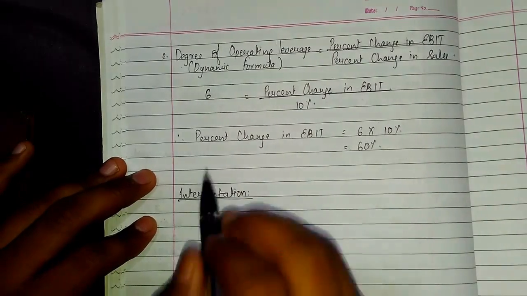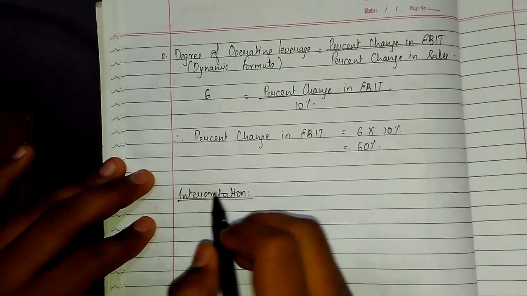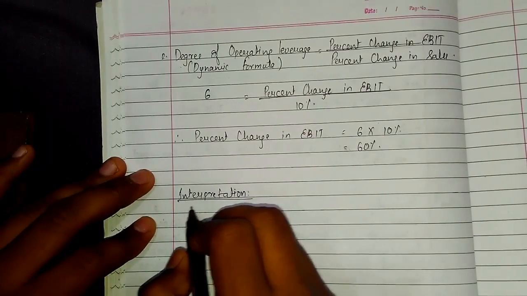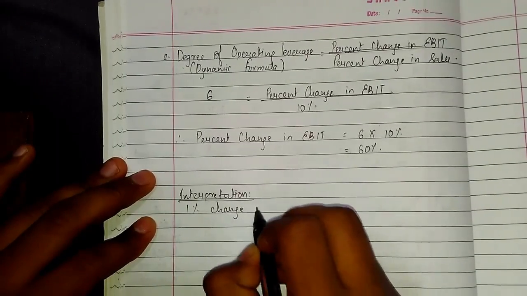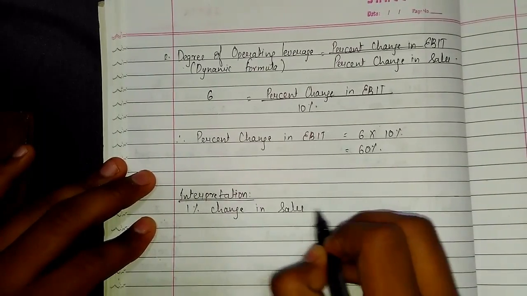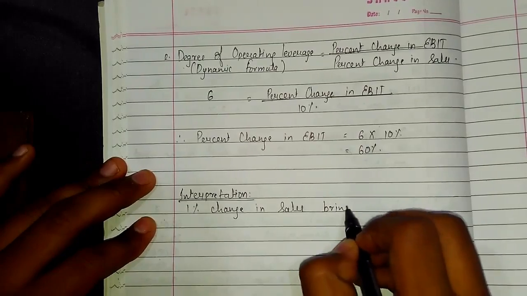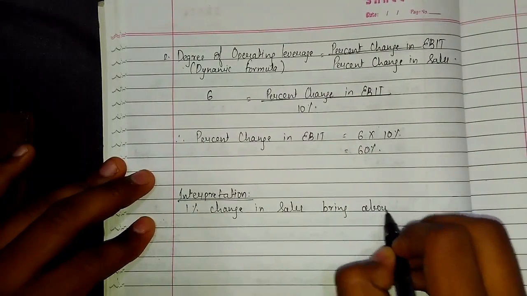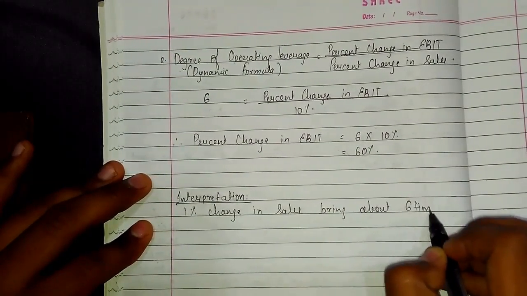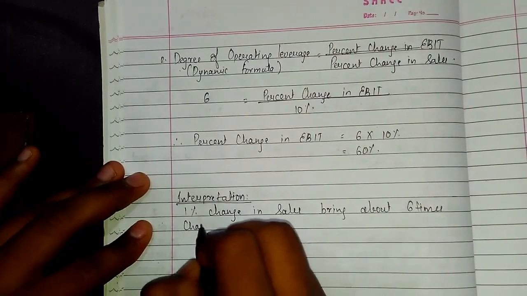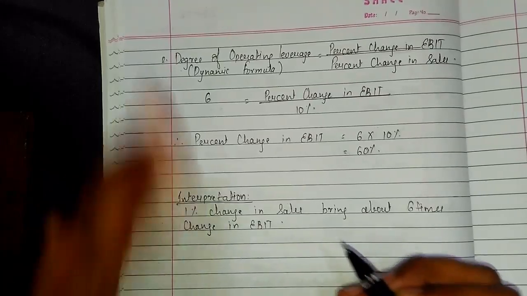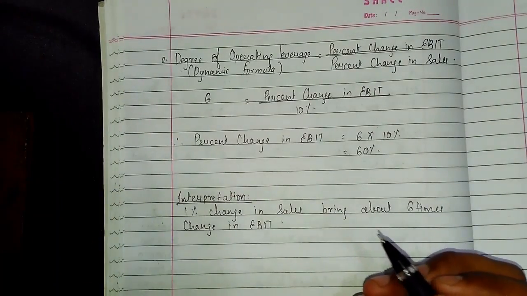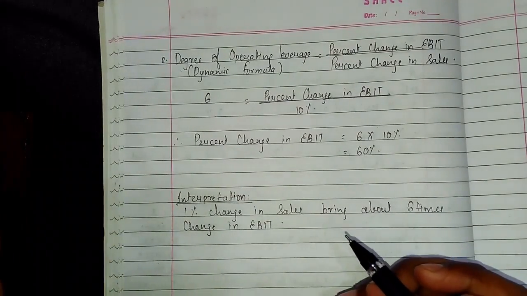We'll write it like this: 1% change in sales brings about 6 times change in EBIT. Quite small and quite simple. There is no need of writing more than this.